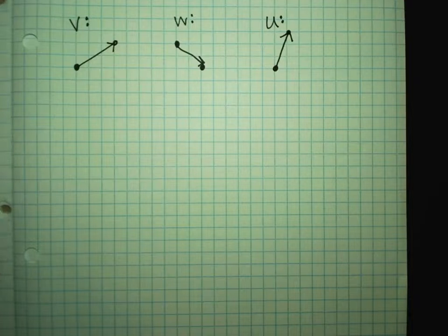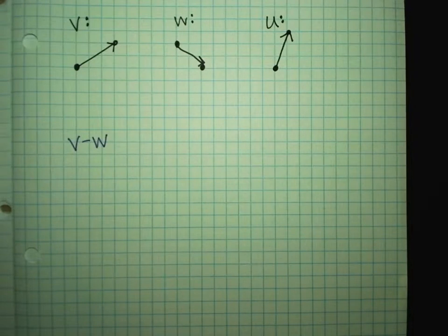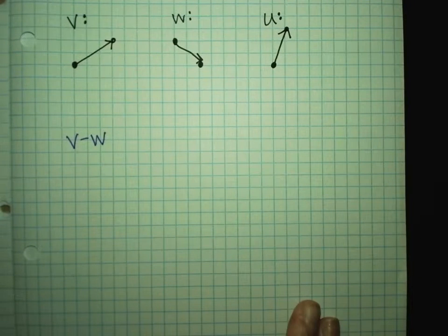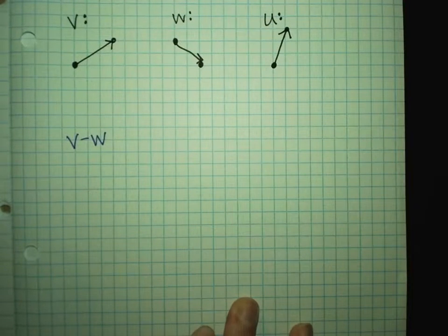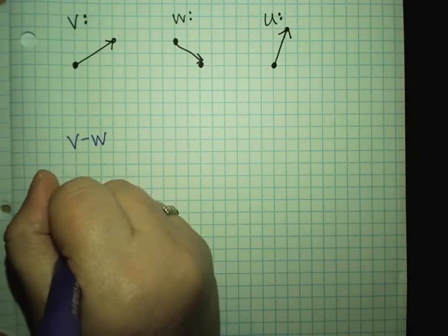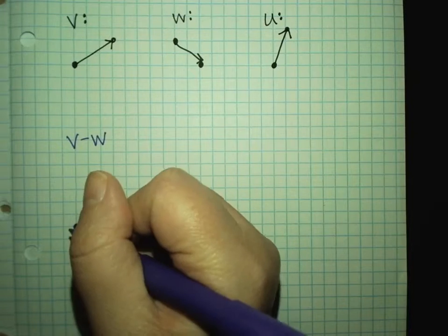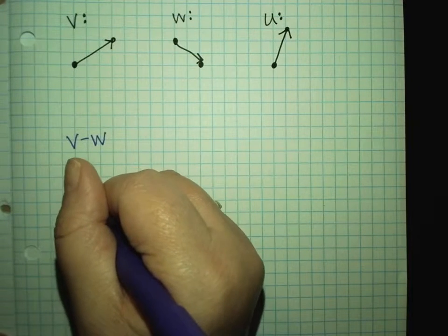The first one that we have is V minus W. The first thing we're going to do is draw vector V. For vector V, we're going to go up 2 units and right 3 units.